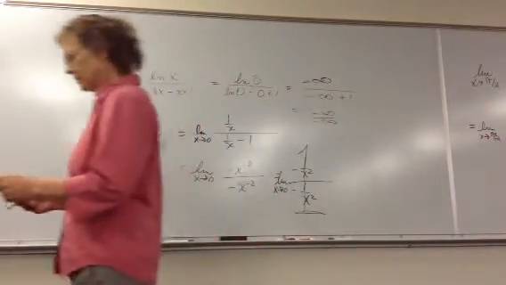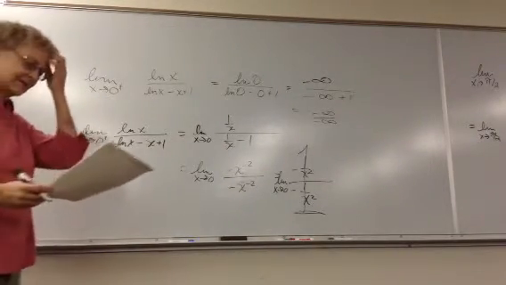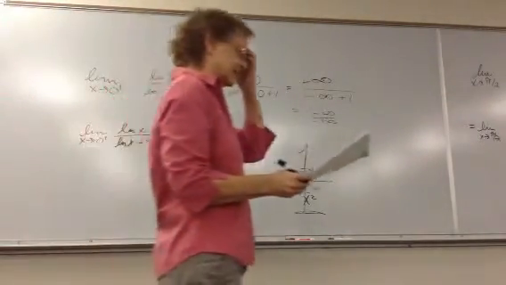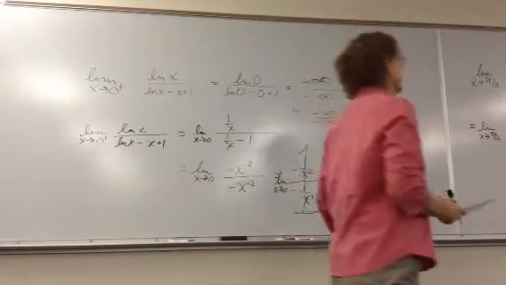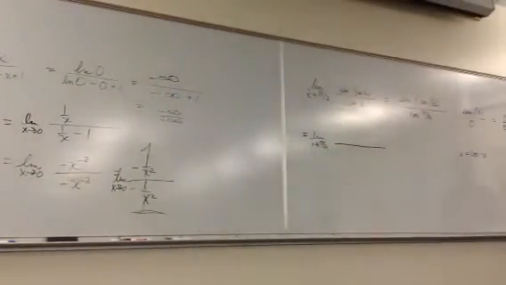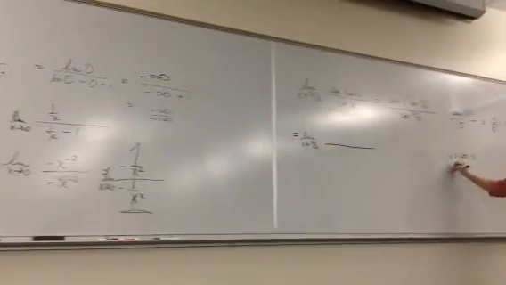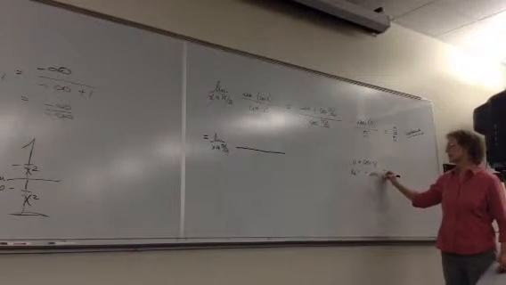Sine of cosine. Wow. Chain rule? Cosine of, yeah, negative sine. Basically, we're going to say cosine x is u, and so then the derivative of that is negative sine of x.